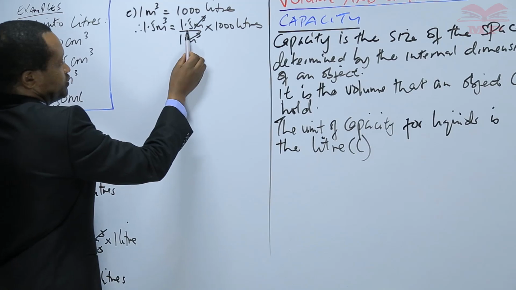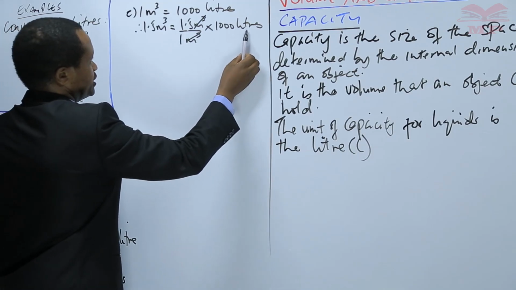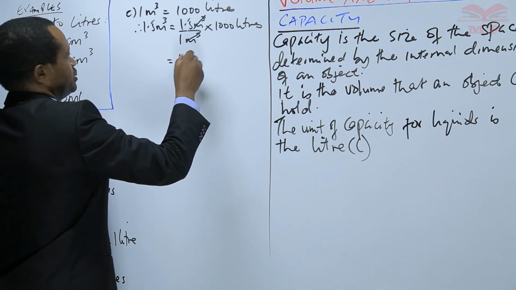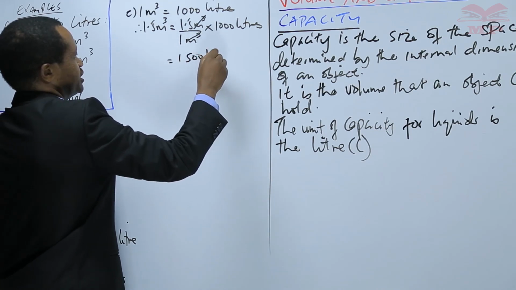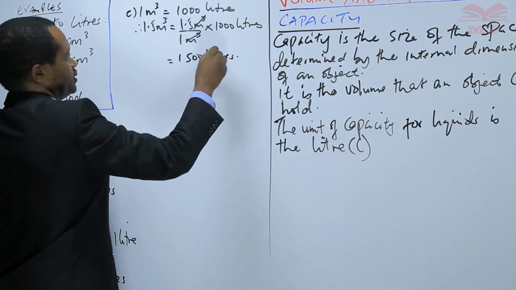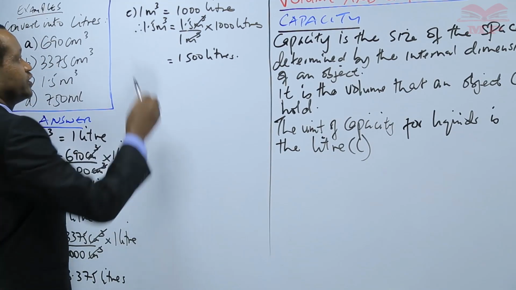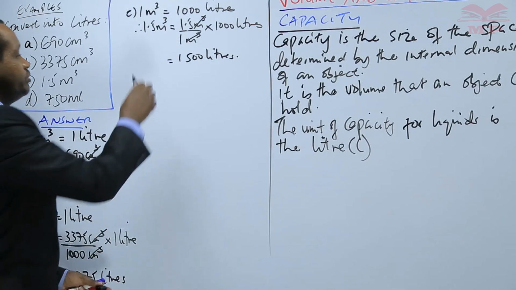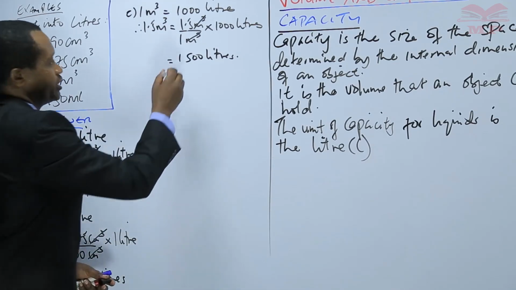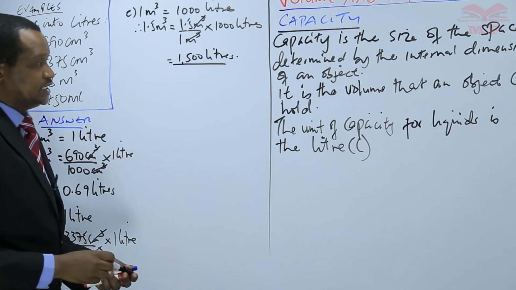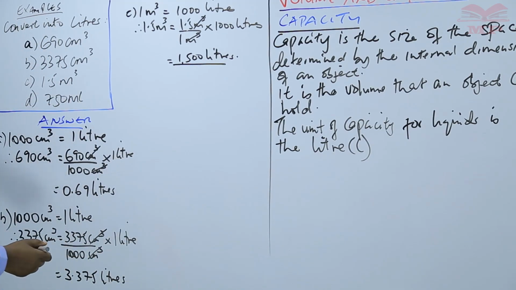So we have 1.5 times 1,000 liters, which is equal to 1,500 liters. So an object whose volume is 1.5 cubic meters can hold 1,500 liters of fluid. That is the interpretation there.